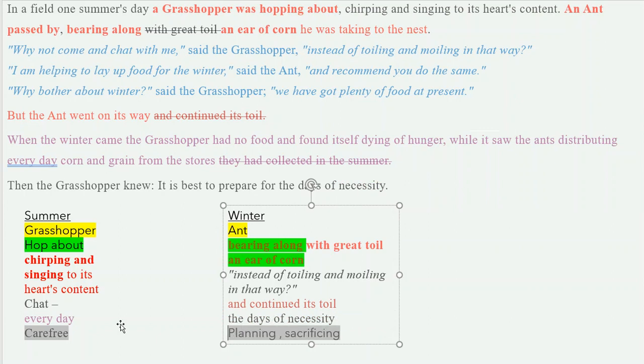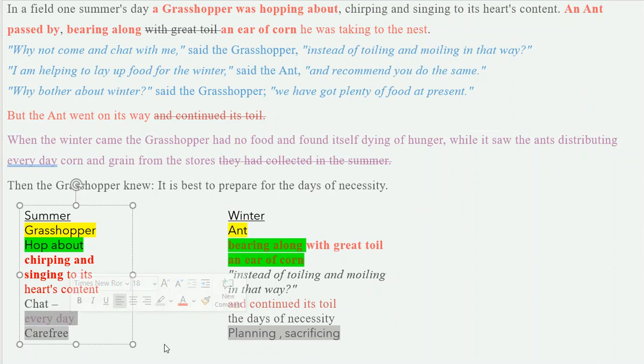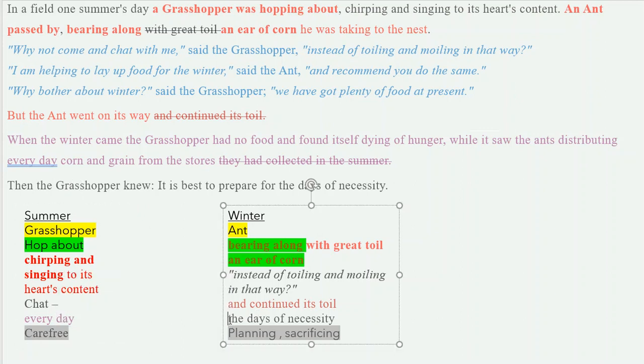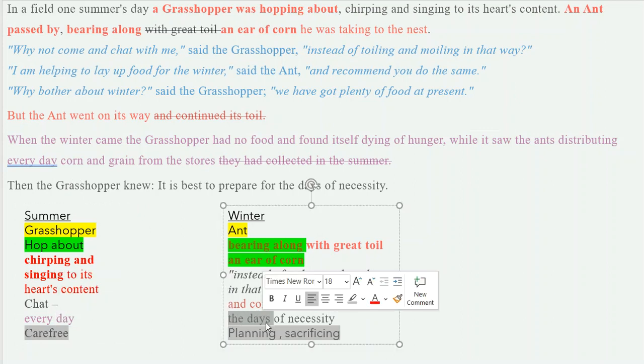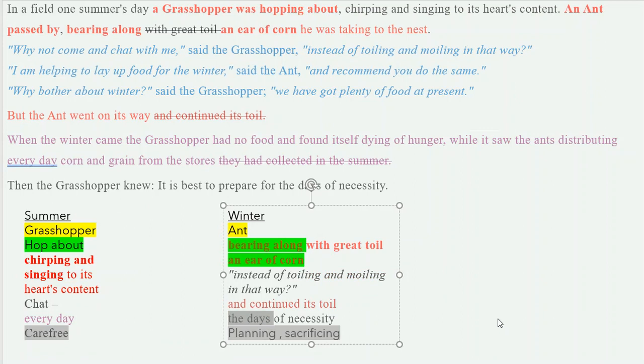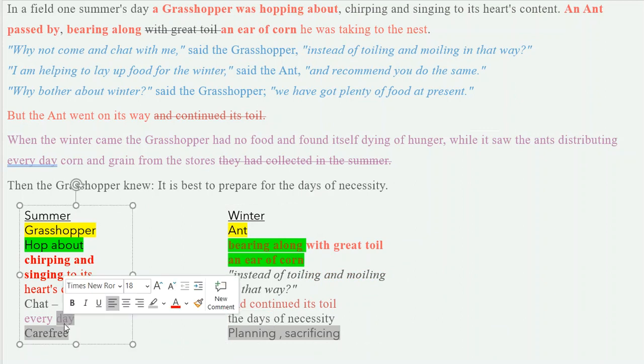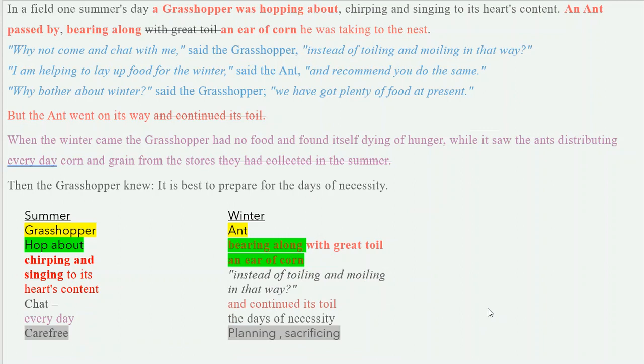this is just me. I think that the author said every day they were sharing food from their pantries or from their stores every day, which means every day the grasshopper was feeling the pain, right? And you need to plan for those days. You need to plan. So there's a day here and day here, right?